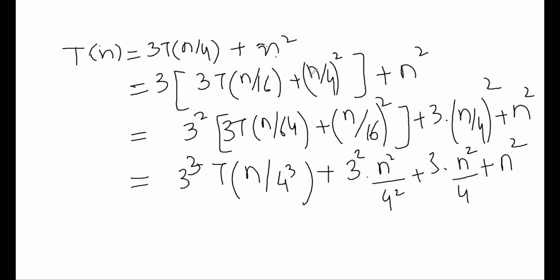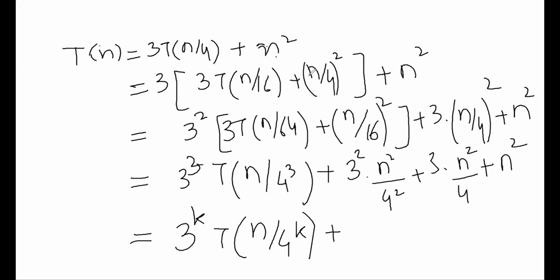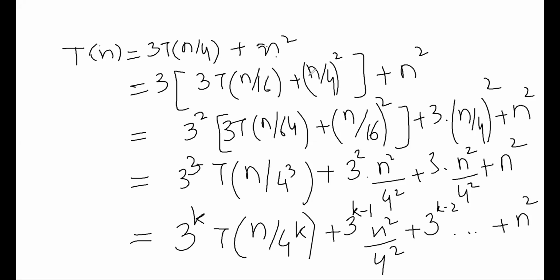So if you generalize, you get 3^k T(n by 4^k) plus, now you have 3 square here, so 3^(k minus 1) (n square by 4 square), plus 3^(k minus 2), and so on, and this will go up to n square.